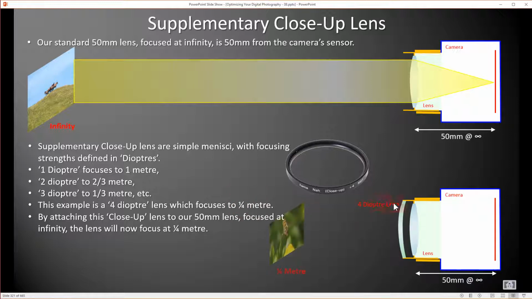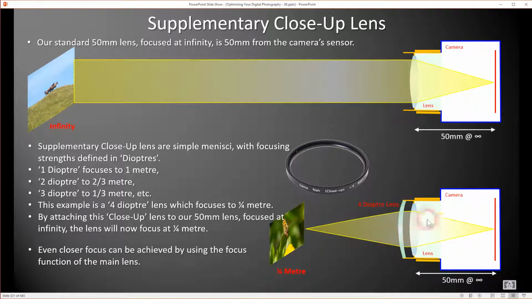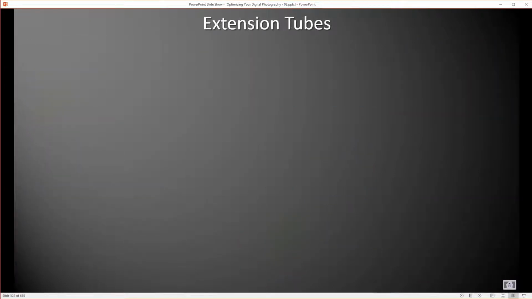So by attaching the 4 diopter, we can now focus with our normal lens to 1/4 of a meter. We can also use the focus extension of the lens itself. So if we extend the lens a little bit itself, that will give us an even closer focus.